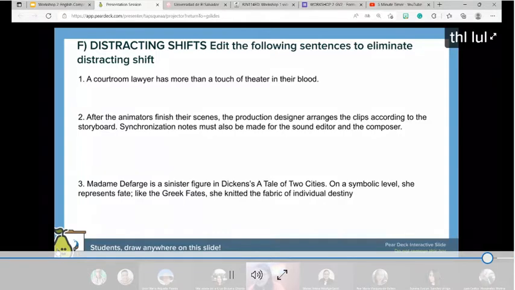How would you fix the first one? Maybe not just one courtroom lawyer. Maybe all of them.